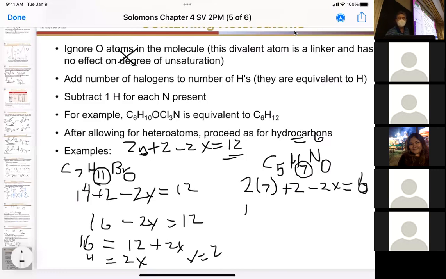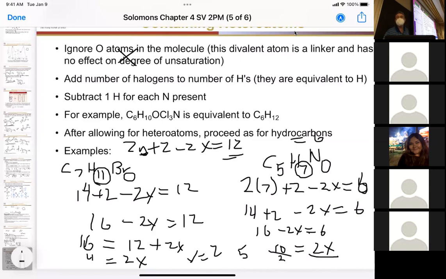Now this is going to be 14 plus 2 minus 2x is equal to 6. That's 16 minus 2x is equal to 6, which is 10 is equal to 2x. Sorry, I skipped a step there. Divide both sides by 2, which means we have 5 degrees of unsaturation.